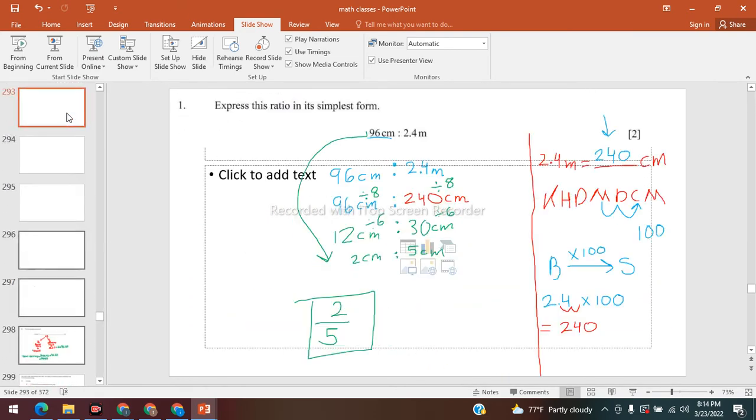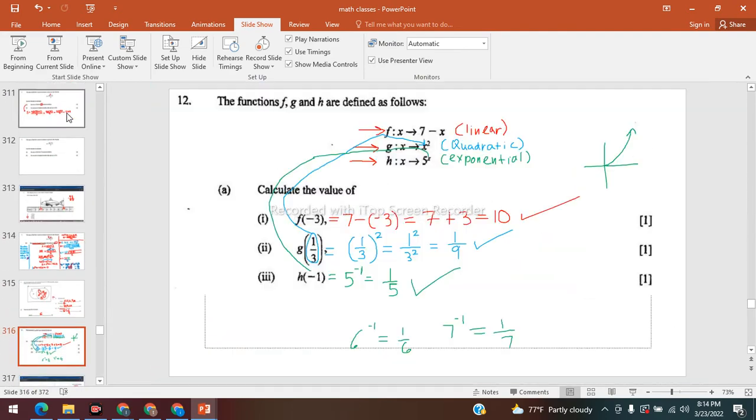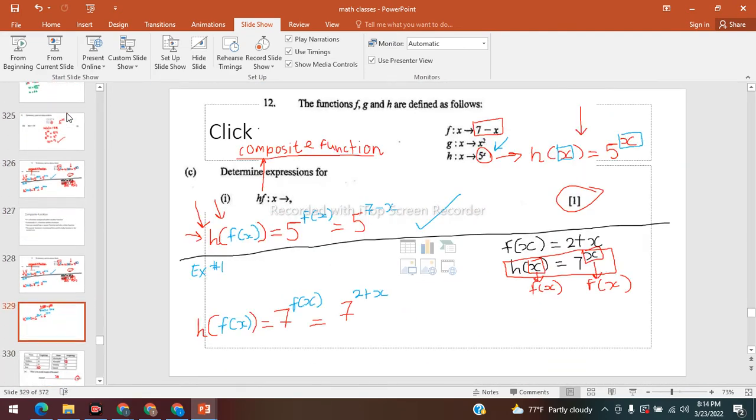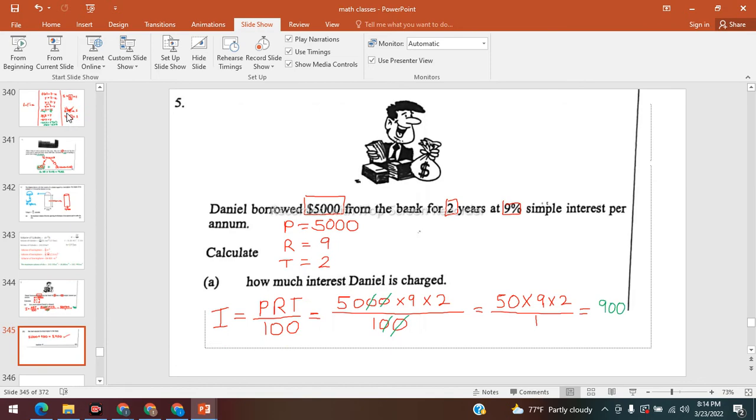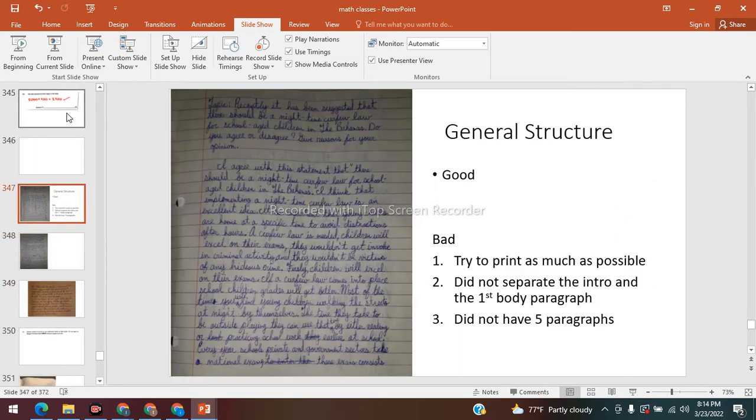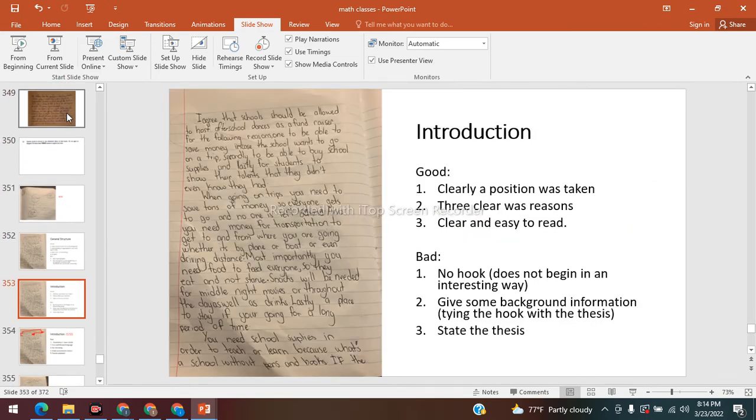Where did I put that essay? Yeah, we said it was good that it didn't have scratches and stuff. It's below. Look how neat this is compared to the other one.